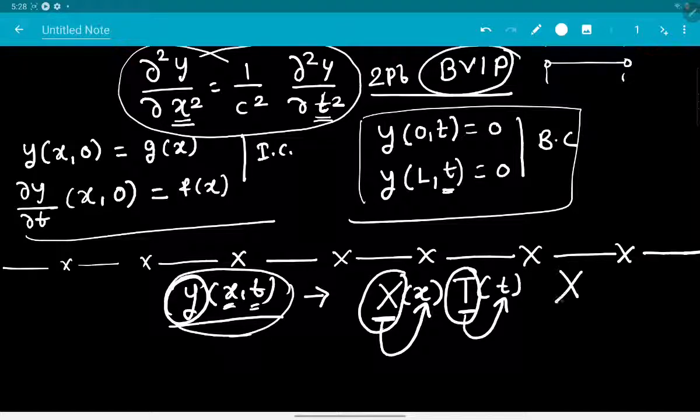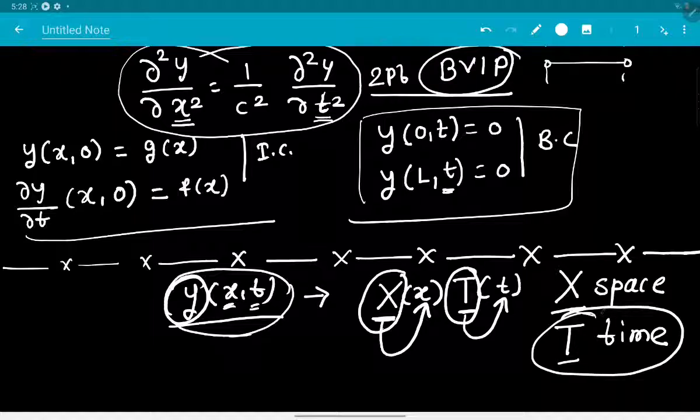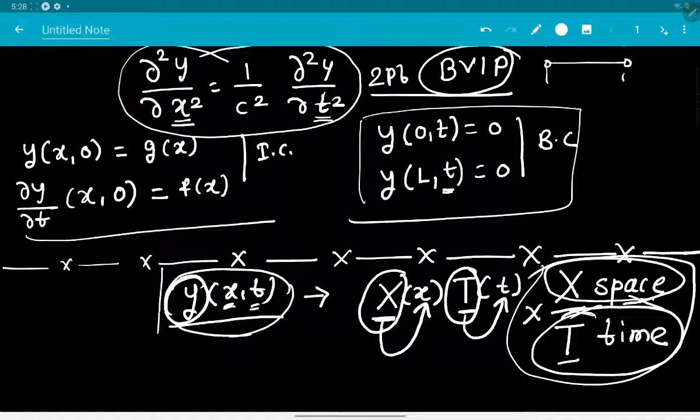That is, capital X depends on space only and doesn't change with time, whereas capital T depends on time only and has no space dependence. Multiplying these two functions gives y, which varies along x as well as along t. So variation along x is separated from variation along t.